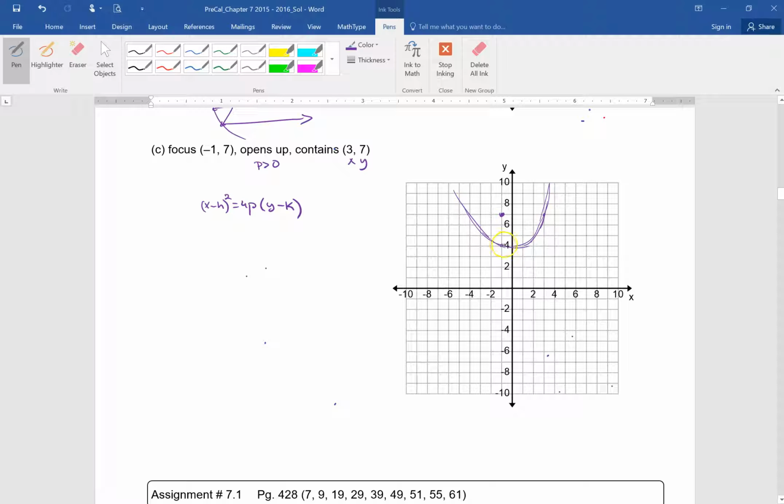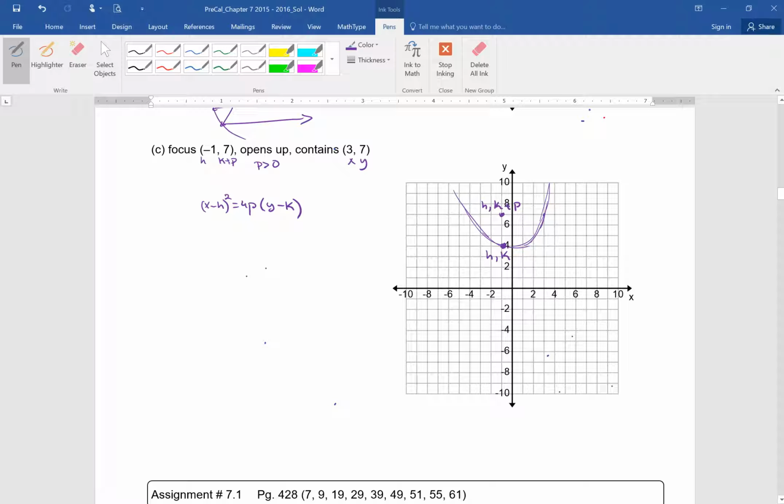That means the vertex is somewhere here. If this is h and k, then the focus has got to be h and k plus p, because you go up p units. So this is h and this is k plus p.